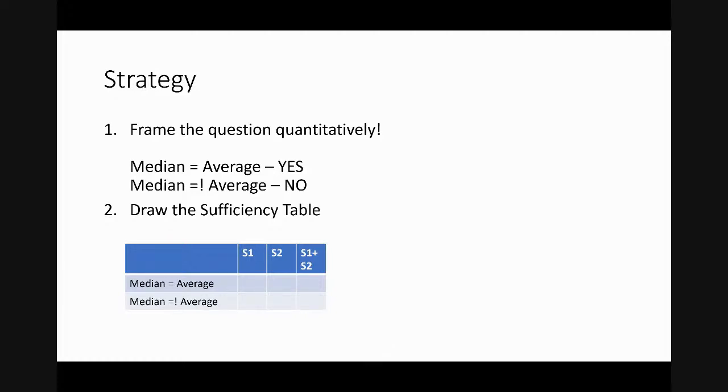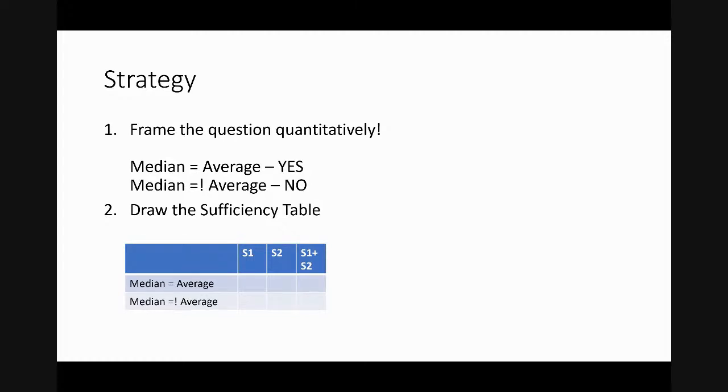Does that make sense? Let me know if you have any questions about the sufficiency table before we go right ahead. Okay, so seems like we are good to go.